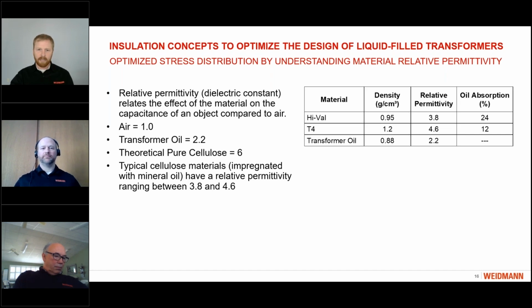And really what we see is that the relative permittivity of the material is dictated by the density, which allows for more or less oil to be absorbed in that material. So for High Val, for example, we see a much higher oil absorption, which means more transformer oil inside of that material, bringing the relative permittivity down compared to that of T4, which absorbs less oil.